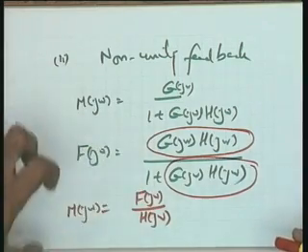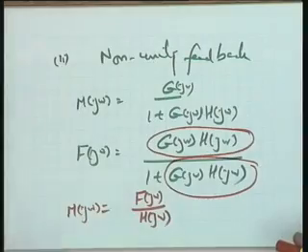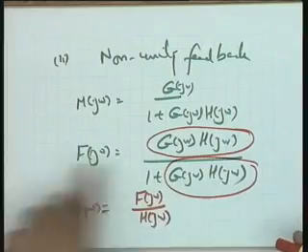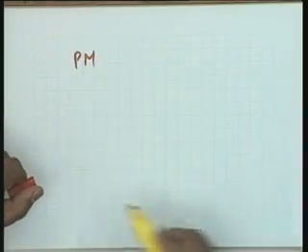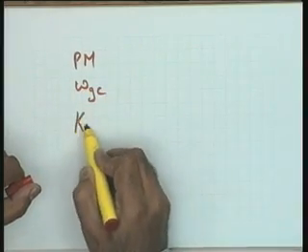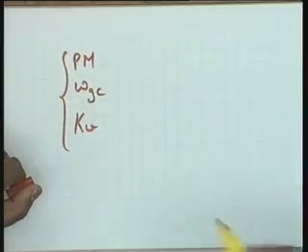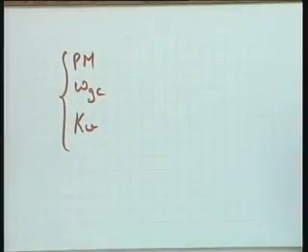I personally feel, this is my personal design experience, that for the unity feedback system, if it is turning out this way, then it will be more conducive to design the system using phase margin, gain crossover frequency and Kv as the performance measures. You know that all these performance measures can be obtained from the open loop data.